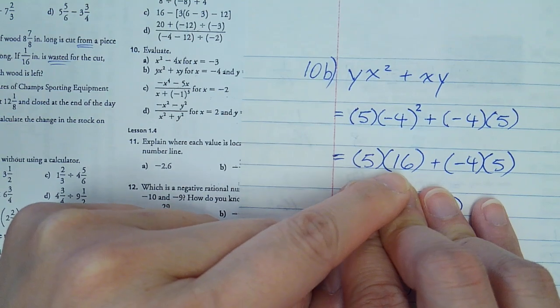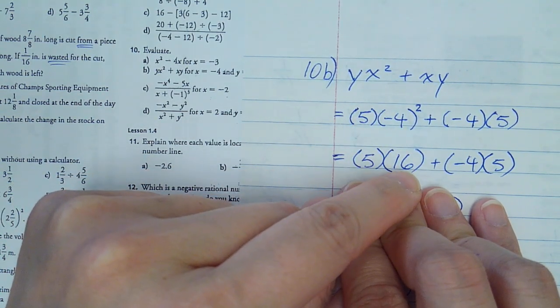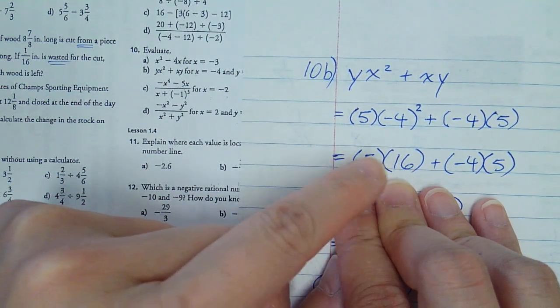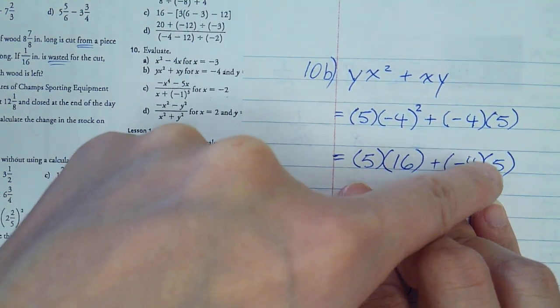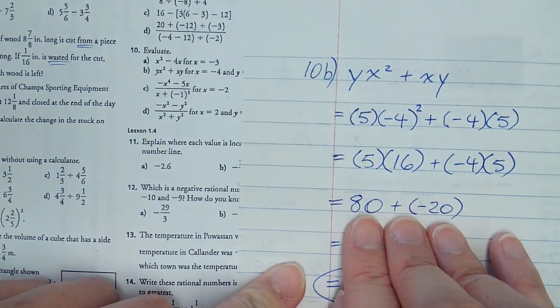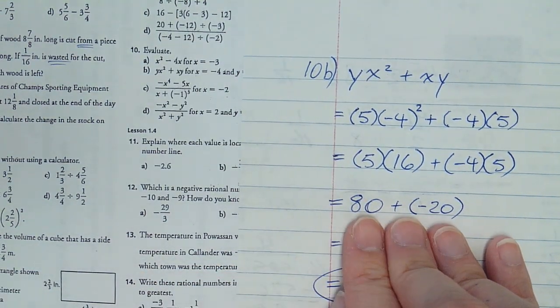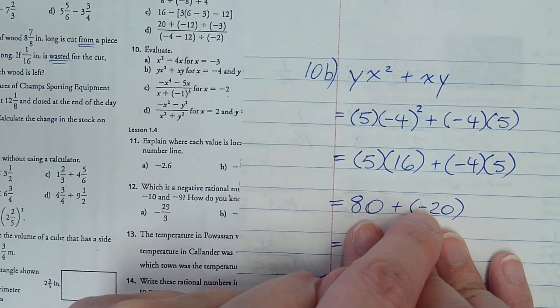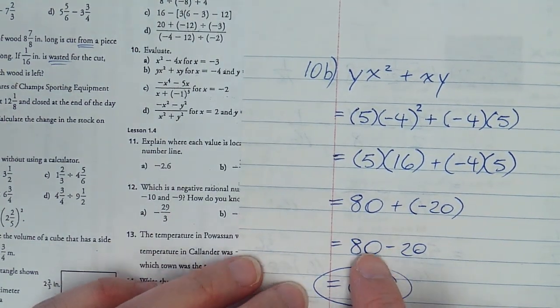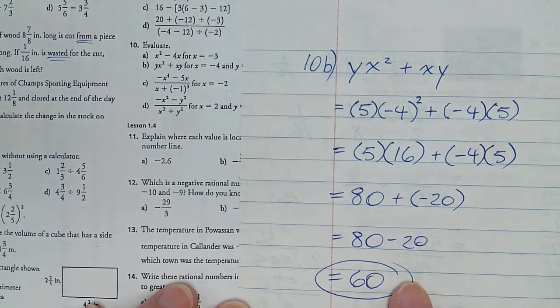Positive 16, because the negative is inside the bracket. So 5 times 16, and then negative 4 times 5. You get the 80 and the negative 20. When you have two signs side by side, a positive and a negative makes a negative. So when you subtract, your final answer here is 60.